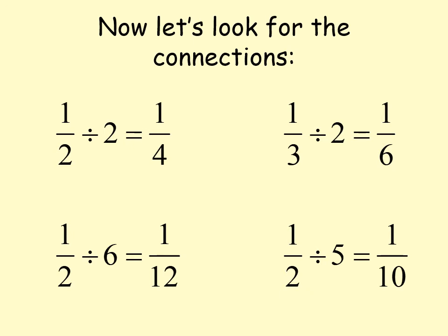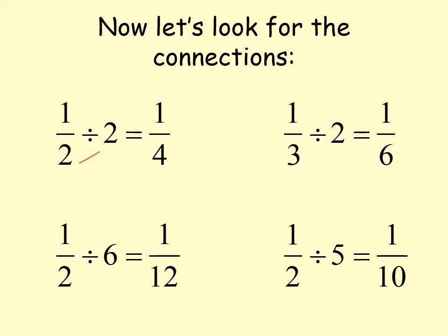Okay, so let's look for some connections then. Is there any connection there? I can't see anything, can you? Maybe subtraction, but 1 take away 2, well, that would throw it into negative. So we don't see a connection there. So let's get rid of that. At the moment, we're just concentrating on the bottom.